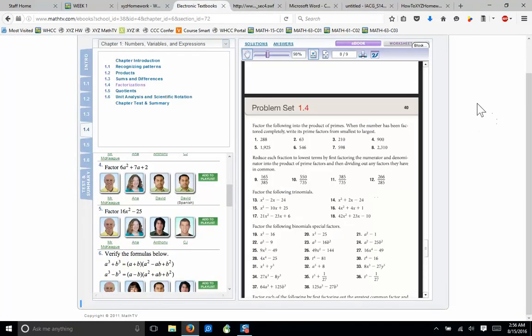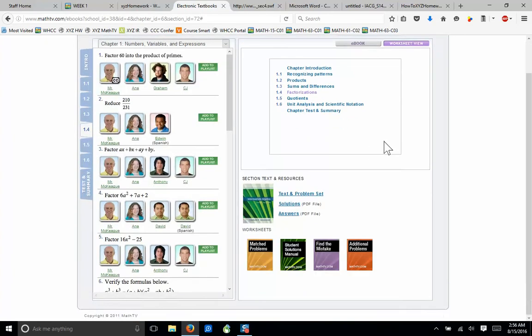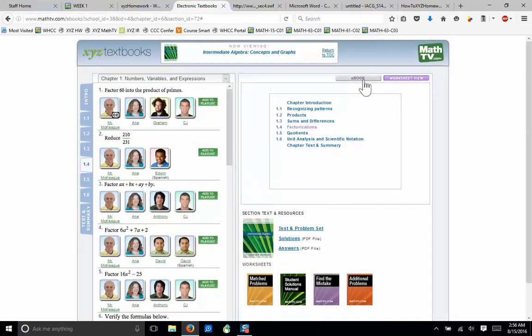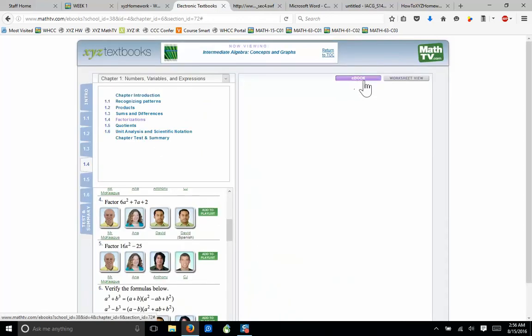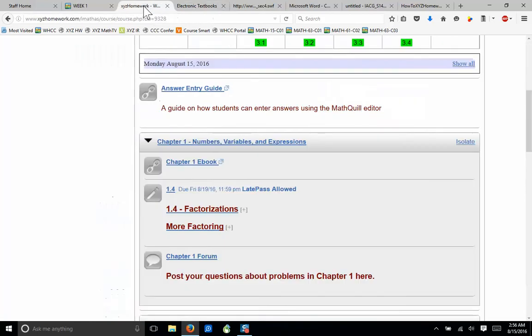There's the online ebook version as well. There's also a little worksheet view. Again, just a different way to see the ebook here. Okay, I prefer this one because it does have all the stuff in front of me there. All right, so here you go.